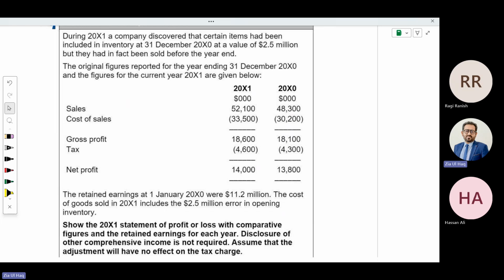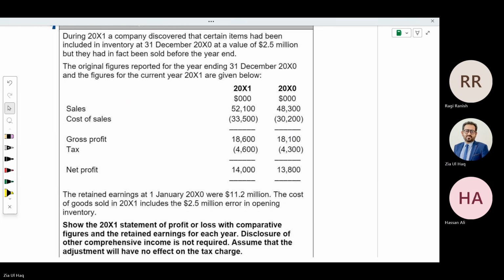Meaning in the previous year, closing inventory of 2.5 million was included, but those items were sold out. Meaning closing inventory was overstated in the previous year. This means previous closing inventory was overstated. Current opening inventory was also overstated.